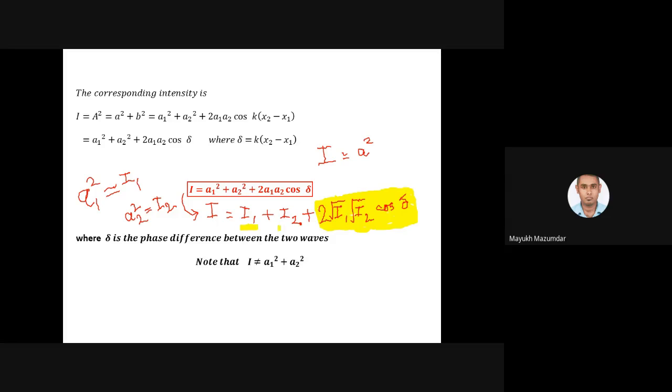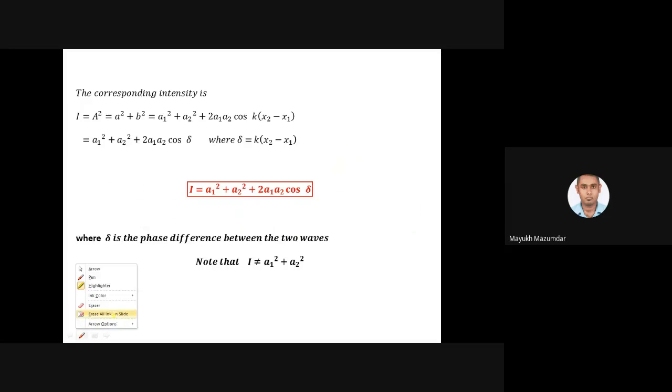Because I1 and I2 are constant, because A1 and A2 are constant. But no, the intensity is not constant everywhere. So please note that the intensity is not simply the sum of the individual intensities of the interfering waves. So this equation is very important. That's why I put it in a box.